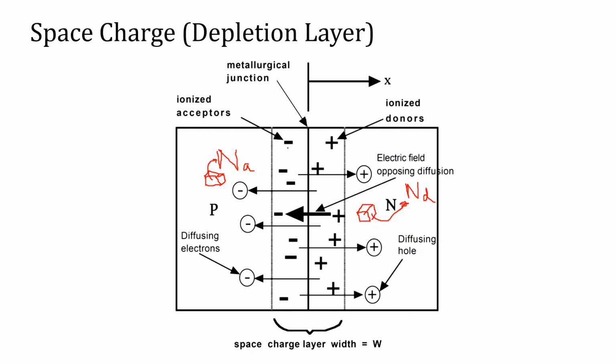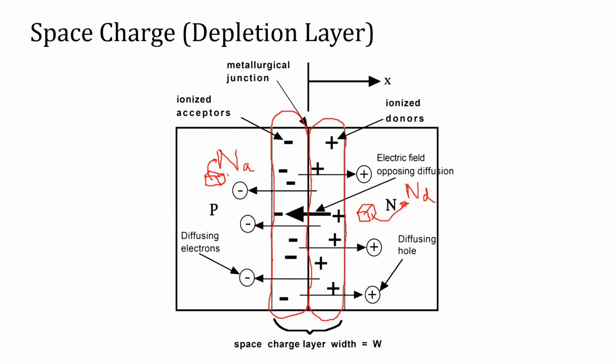When holes move from p to n and electrons from n to p, in this region no free charge carriers remain. All of the charge carriers are removed from this region, so only positive charges remain. Similarly, on the other side all of the holes are removed and no holes are left in this region, so only negative charges remain.